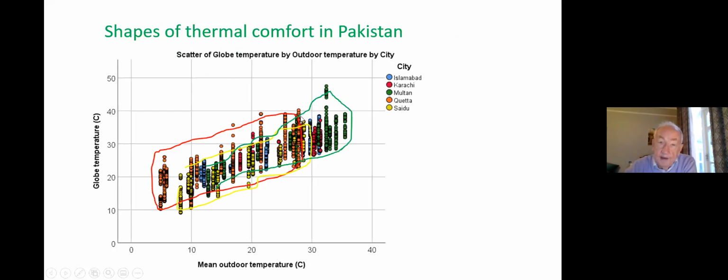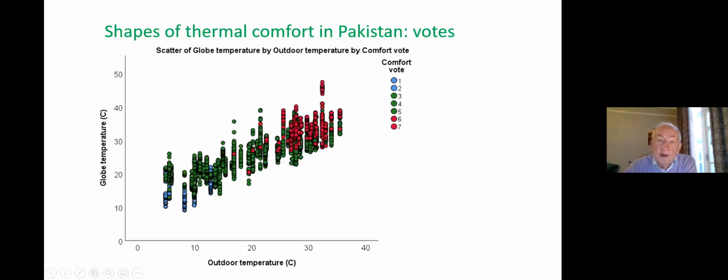And then this is Quetta, which extends from a much lower top temperature. You can see that the data from different parts has a slightly different cloud, and that's because of the difference in climate.